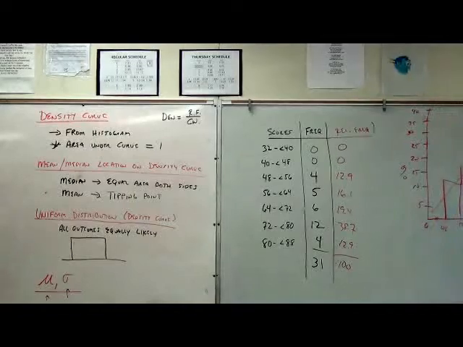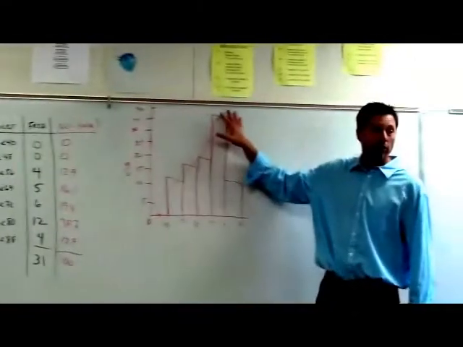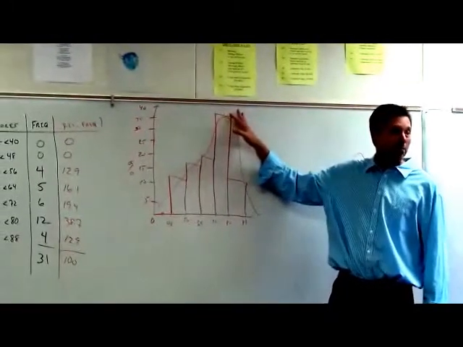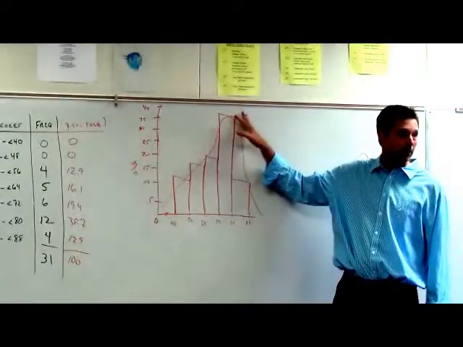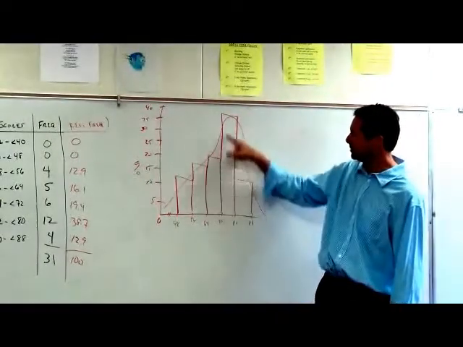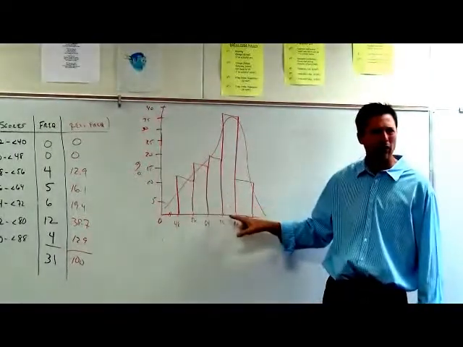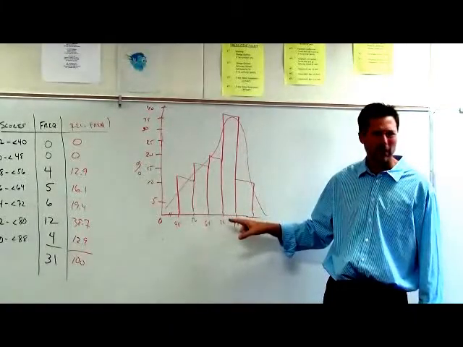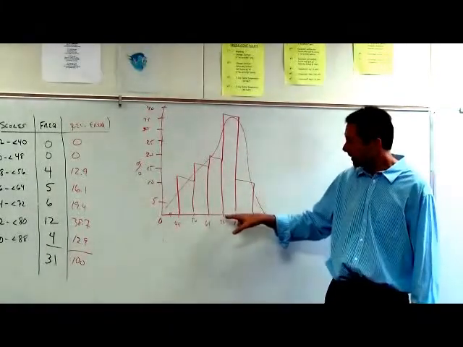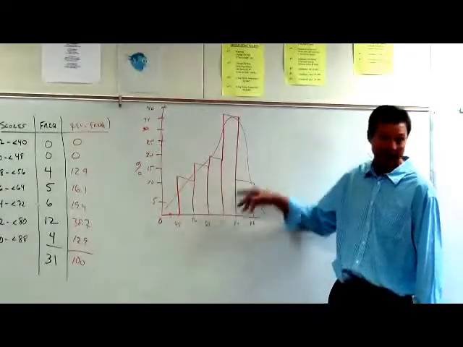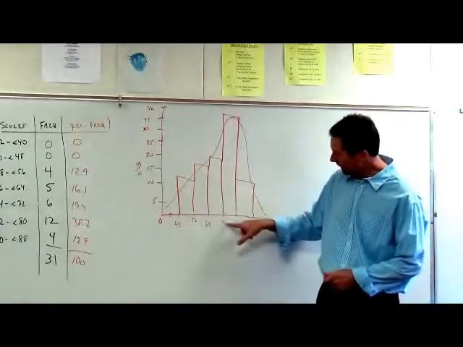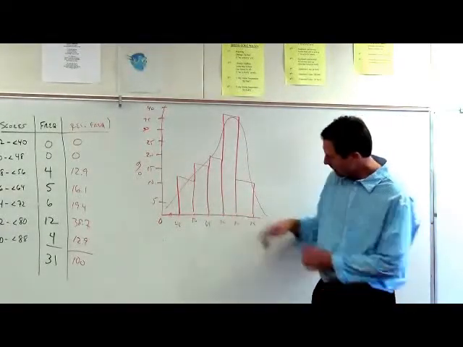Now let's take a look at this. Is the area under this curve right now going to be equal to 1? Well, how do we do this? Here's a rectangle. Let's just do this rectangle right now. How do you figure out the area of a rectangle? Length times width, base times height. So how long is this from here to here? 8.